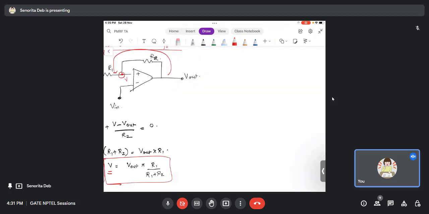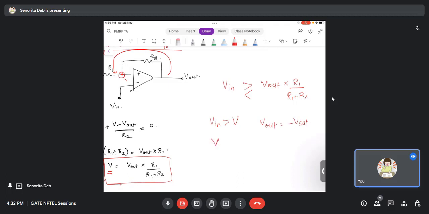So you compare V in with V out into R1 by R1 plus R2. Now you see V in is in the inverting terminal. That means whenever Vin is greater than this fed back voltage, let's say V, the output has to be minus Vsat, right?